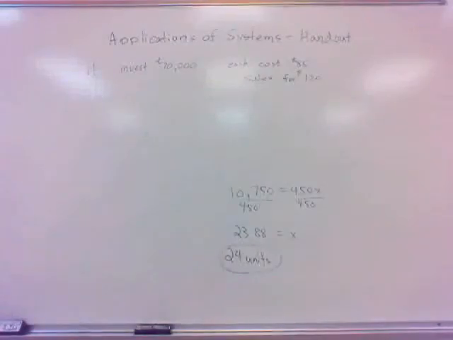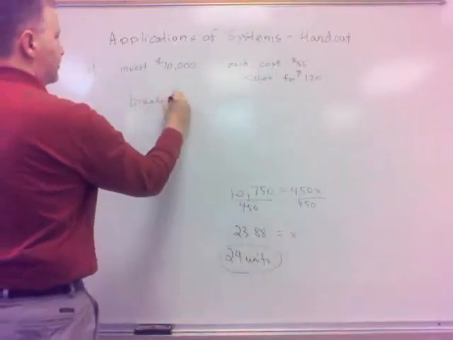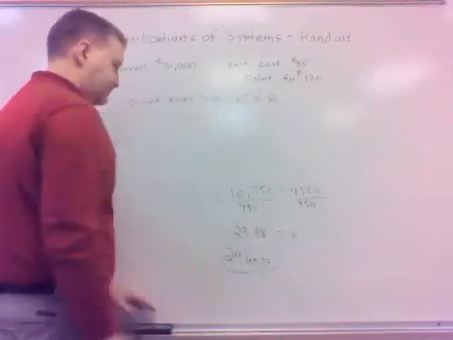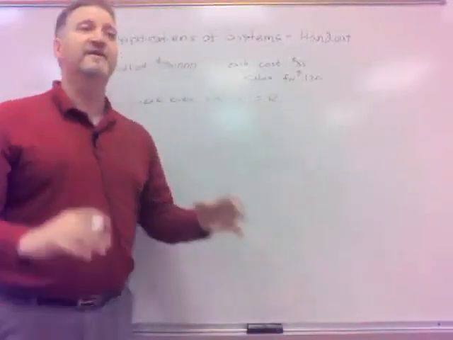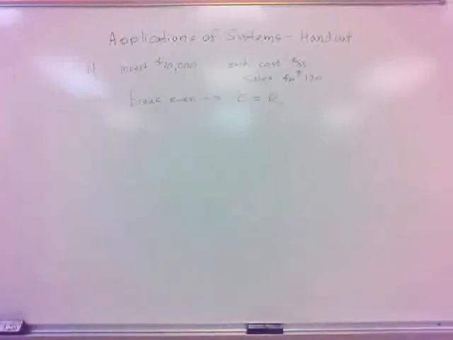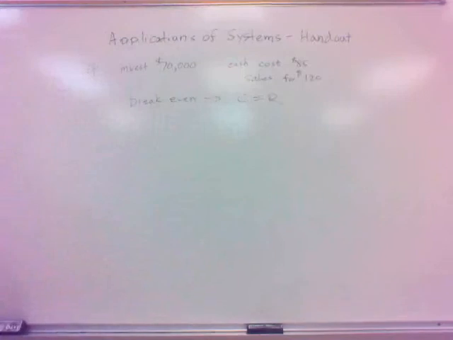So again, I want the cost equals the revenue. All right, but in this case, though, the thing is we're not given the cost equation, nor are we given the revenue equation. We have to fill that in for ourselves here. But that's not too bad.